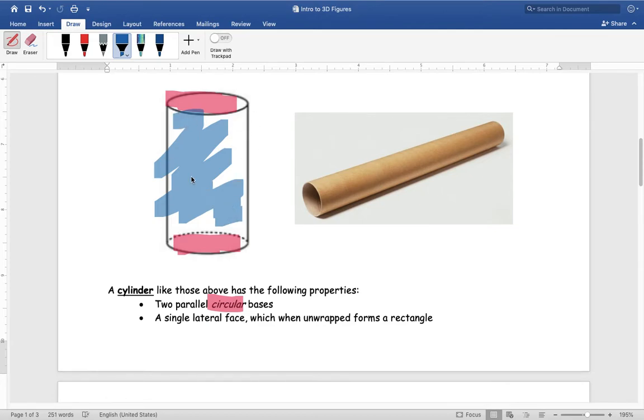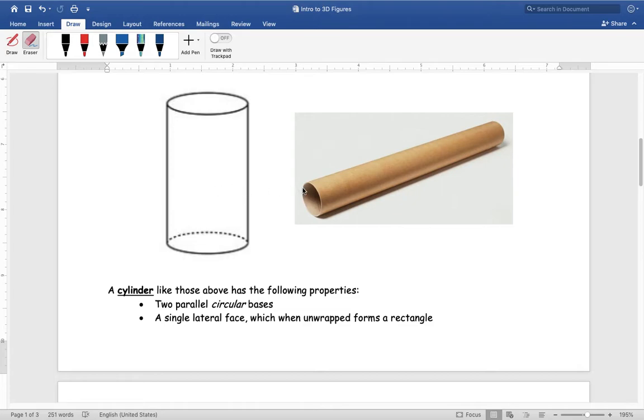I'd say take a piece of paper and roll it into a tube, like you're in second grade and making a telescope with your piece of paper. Well, your paper is a rectangle, and when you roll it into a tube, you make a cylinder. So that's one way to remember exactly what kind of thing this is.